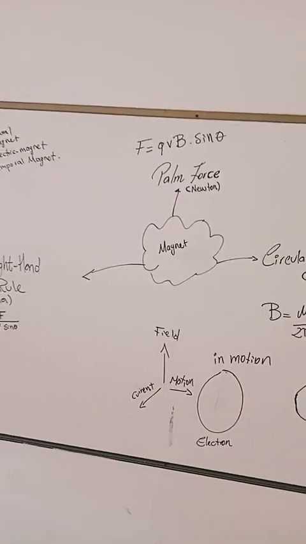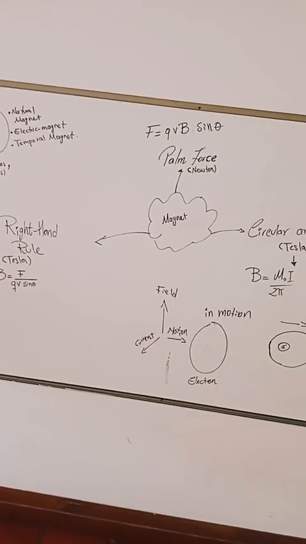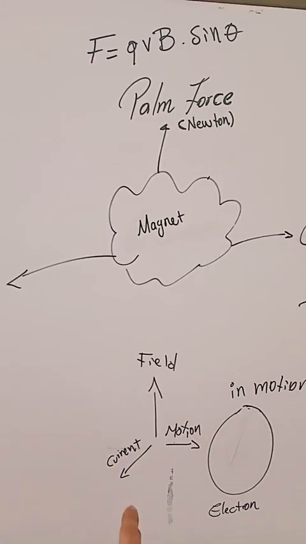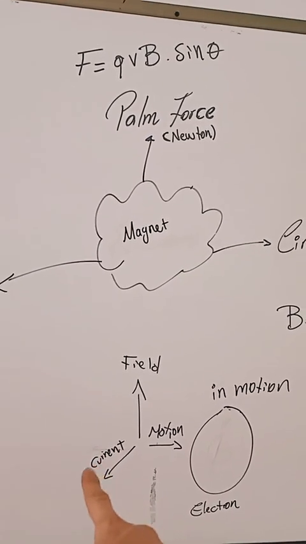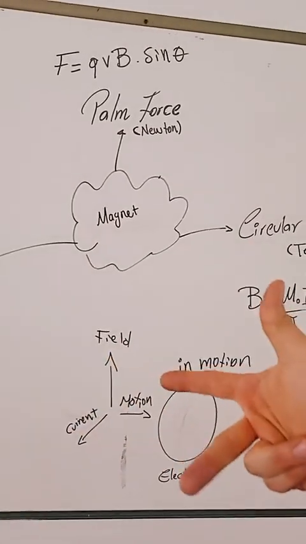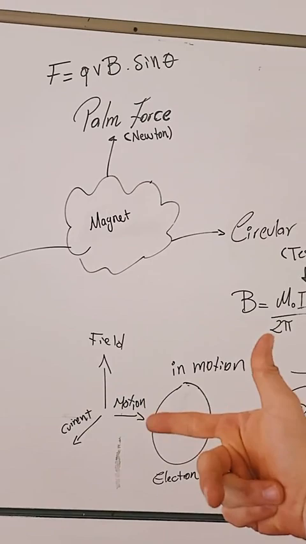That's the magnetic force, okay? That's how you can find the force, the field, the current, and where the motion is occurring, using the right hand.